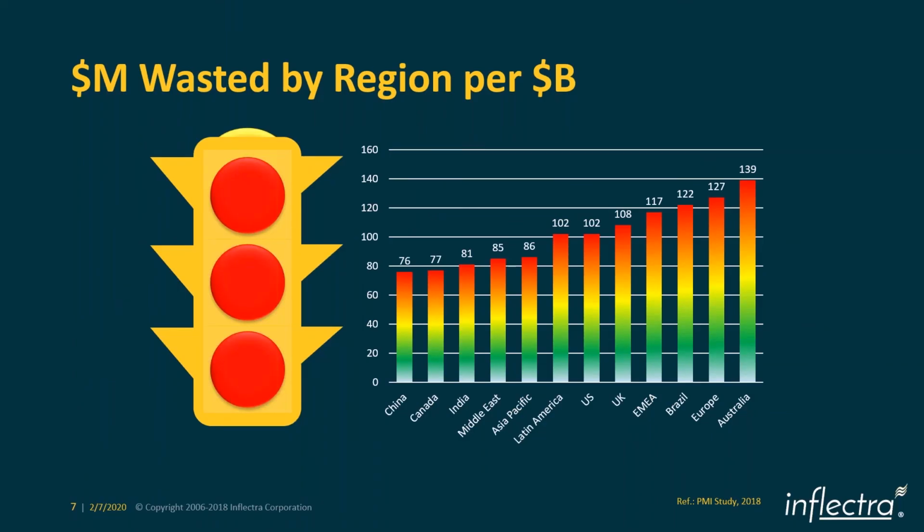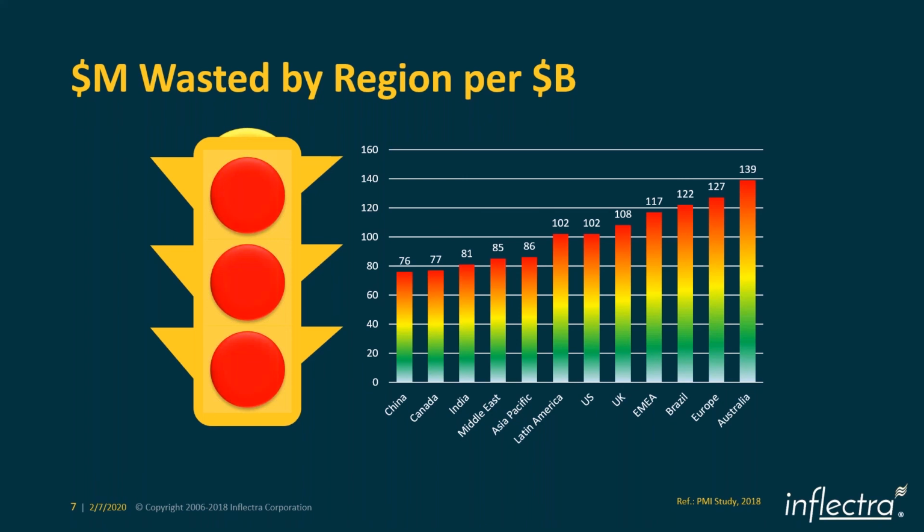But if you are not spending enough time understanding how program and project portfolio management work, there are some recent studies that have come up. The most recent I could go to is 2018, from a PMI study that basically said how much money is getting wasted by region for every billion dollars that that country is spending.